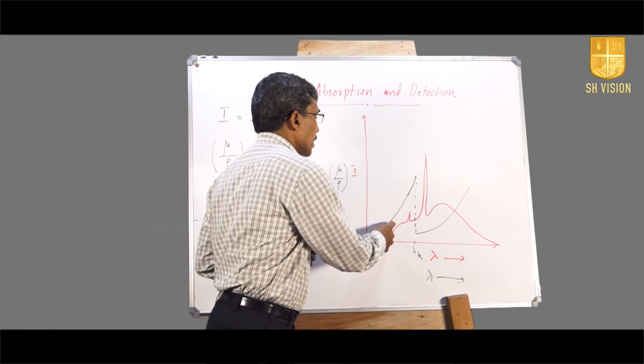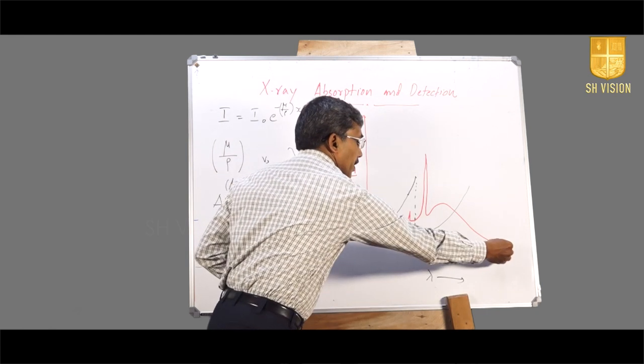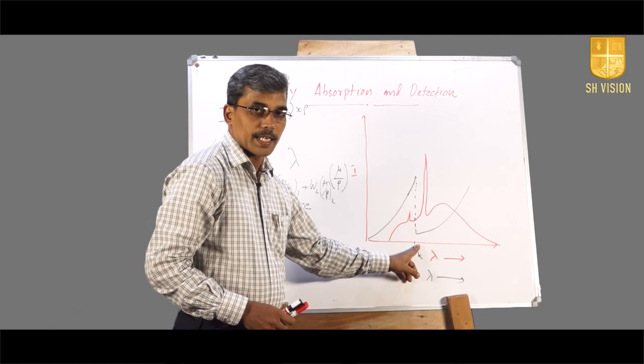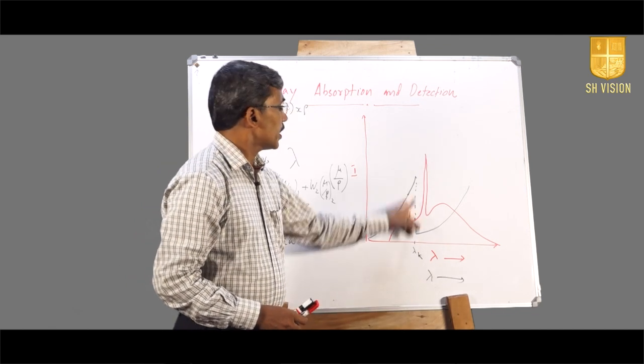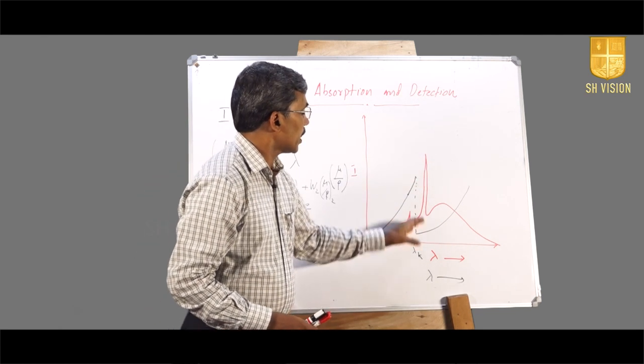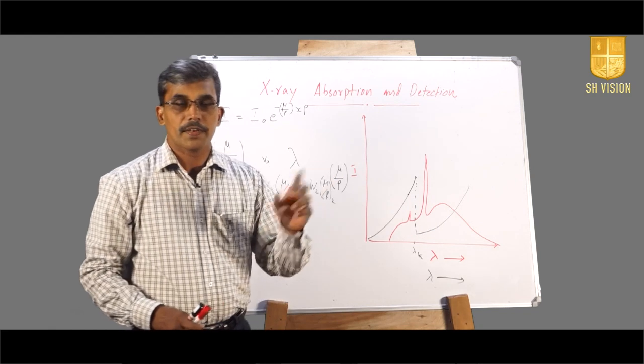In that case, in this black graph, as the wavelength decreases, that is as the energy of the X-ray increases, at some point, λK, which I have marked here, suddenly the absorption increases, and this variation in absorption is useful in different cases.